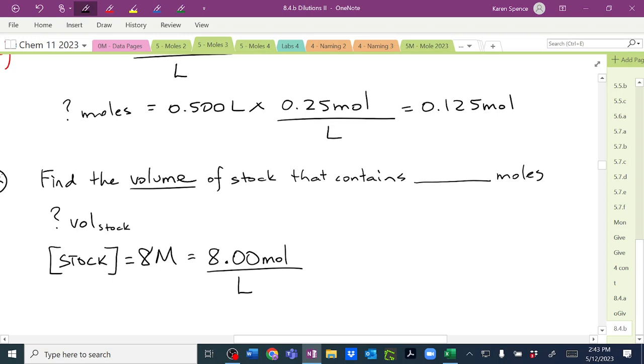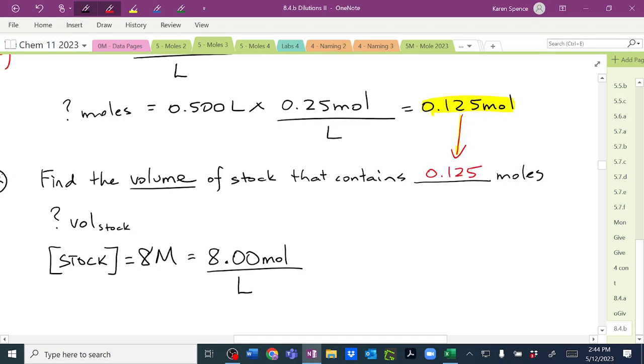How many moles do we need our stock solution to contain? I need it to contain 0.125 moles, because that's how much I need in my final solution. And remember, moles before dilution are the same as moles after dilution. So I want those moles right there, 0.125 moles.